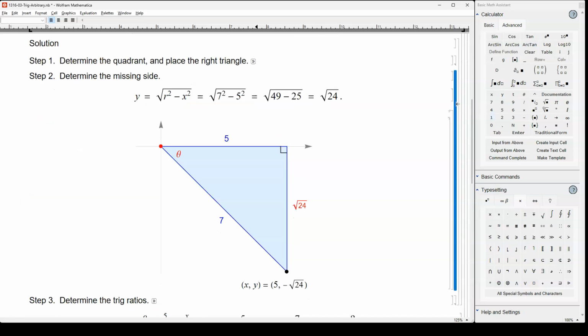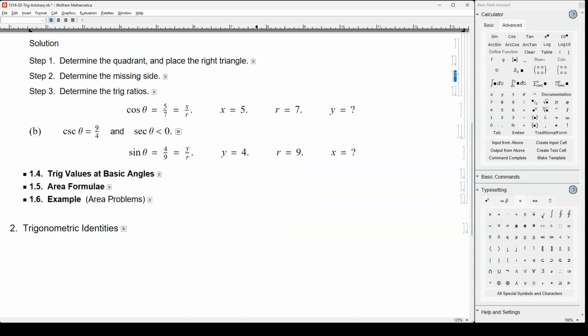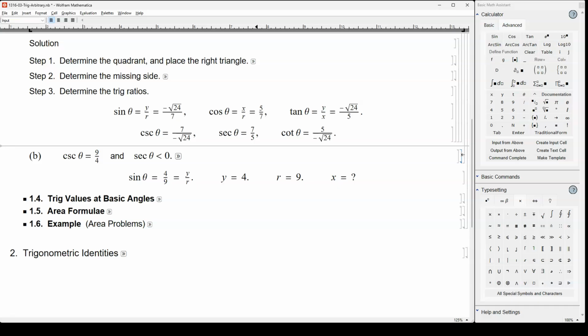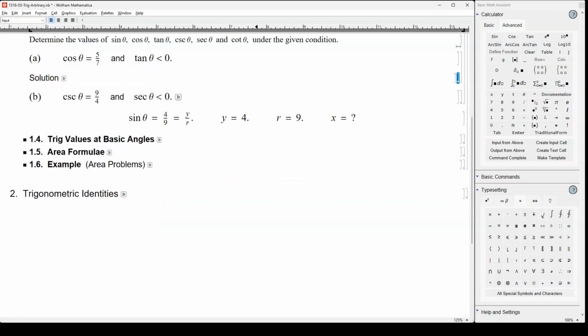It's easy. 7 squared minus 5 squared, so square root of 24, and that's negative. We're going down. Therefore, all trig ratios follow like this. We got everything done, including pluses and minuses. One more time? All right, let's go to the next problem.